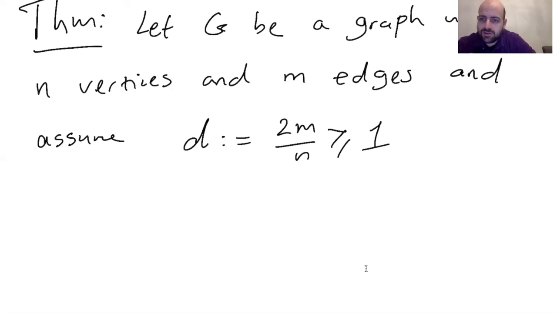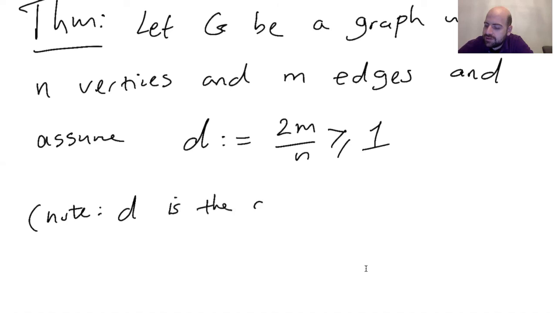Each edge has 2 endpoints, so it's counted twice. So the total degree is 2m, divided by n is the average degree. This has to be bigger than or equal to 1 if you want to apply this theorem. So note that d is the average degree.